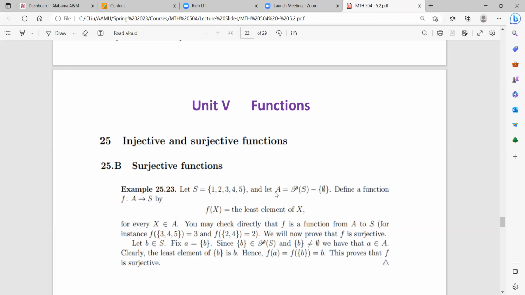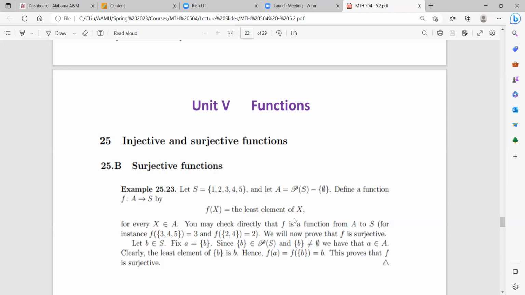It is a subset of S and it is not the empty set, so it has to include at least one number. Then we can talk about the least element, or the smallest number, in this set. So just make sure it's well defined. You can always find such an element.